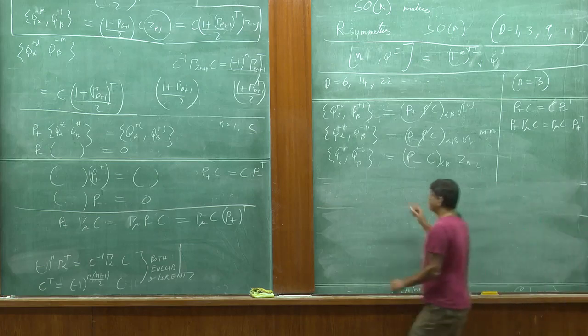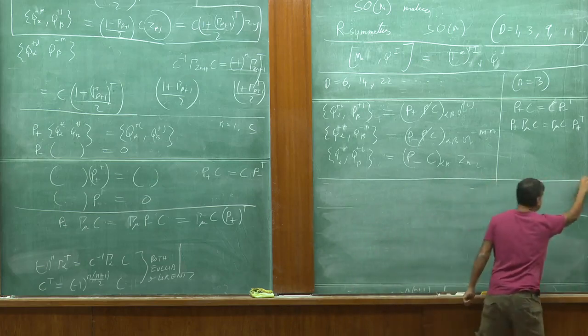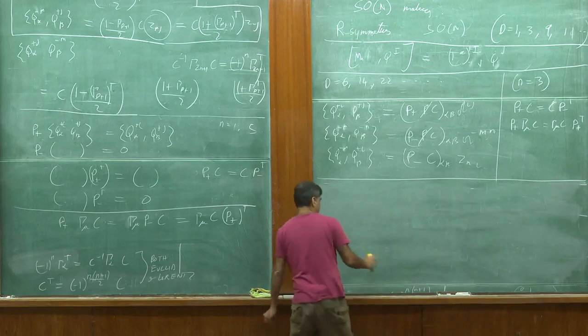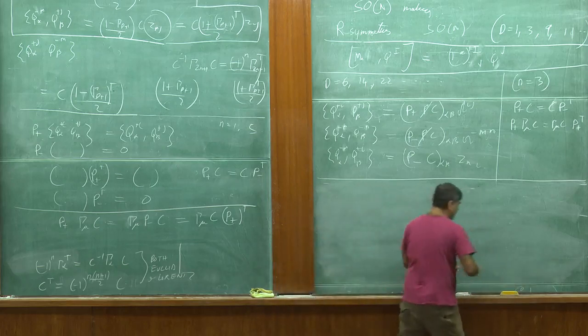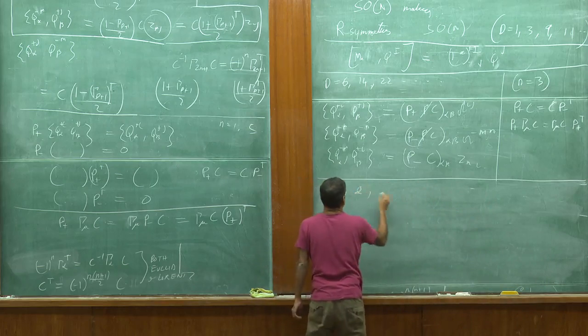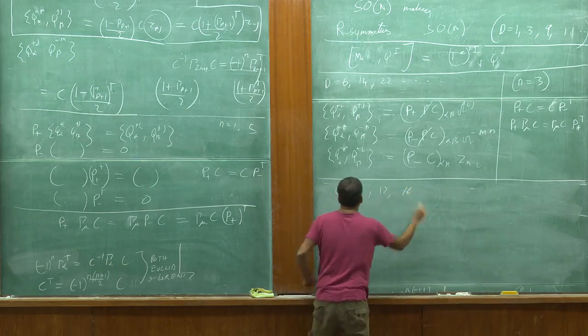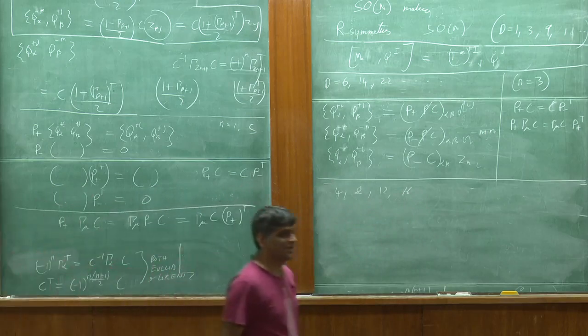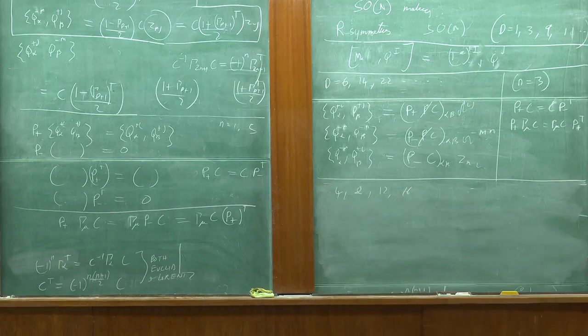So the last dimension that we need to worry about is 4, 8, 12, 16. These dimensions are special because spinors are complex in these dimensions.